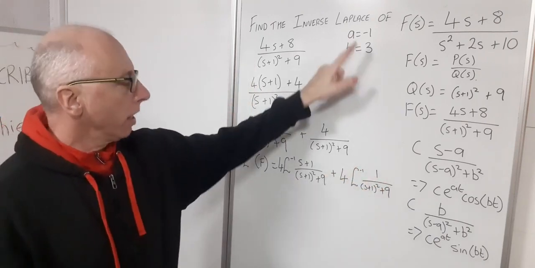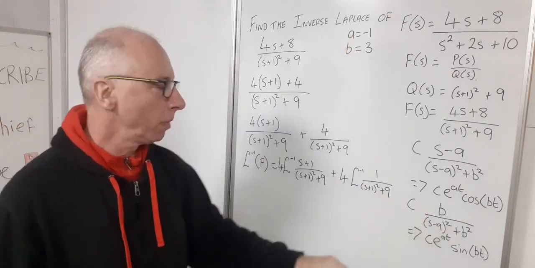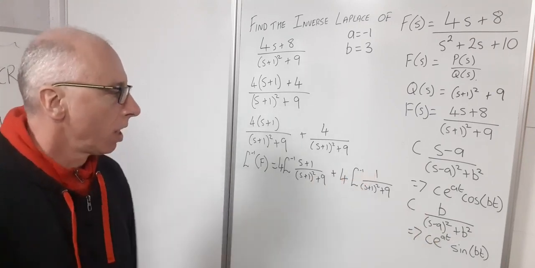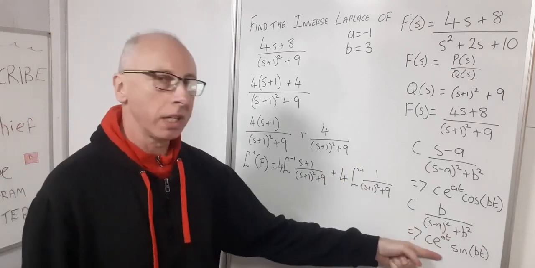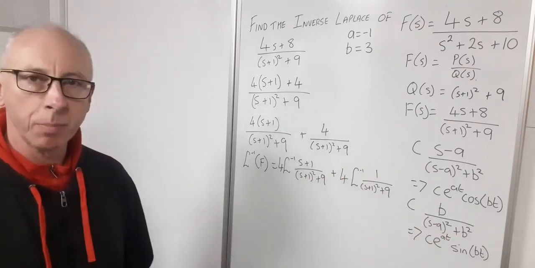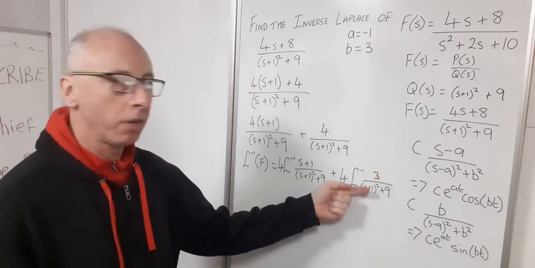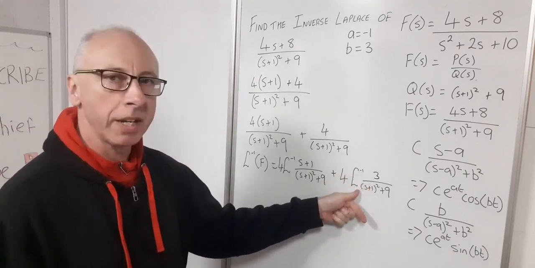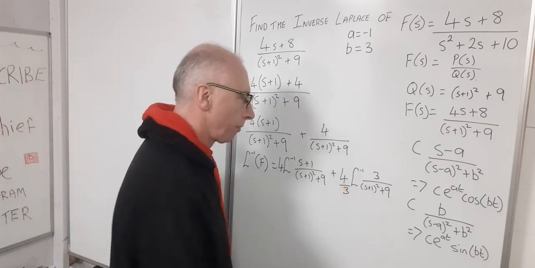Okay, so with a equals minus 1 and b equals 3, we've got something similar here, but we've only got a 1 in our numerator. So we need a 3 for this to be a valid transform. So let's put a 3 in the numerator. And as we've increased the value by 3 on the inside of the Laplace transform, by linearity we just divide the whole thing by 3, and then we've not changed anything.